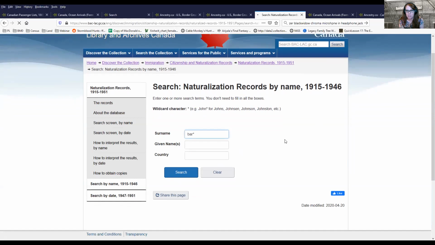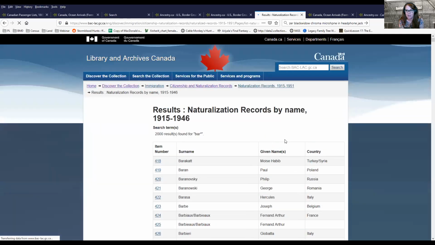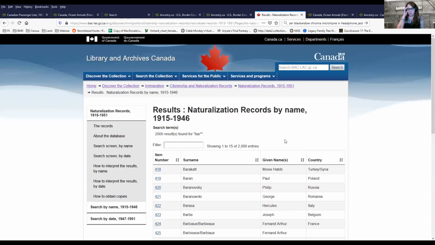Now, only records created after 1915 survived. So if your immigrant was naturalized before 1915, there's probably not anything in here, but I always check anyway, because sometimes people have new files opened at a later date.